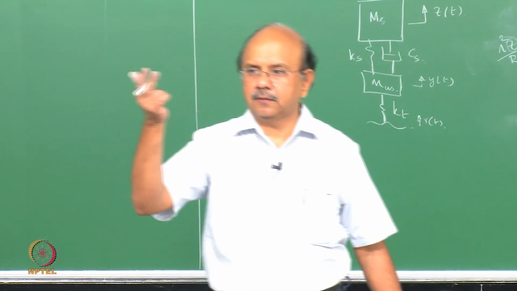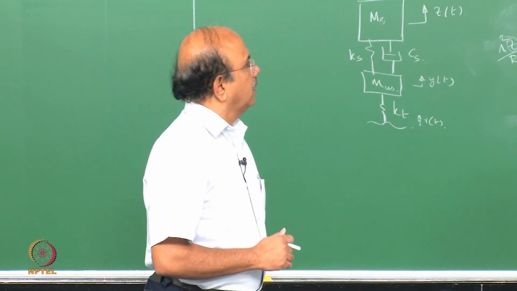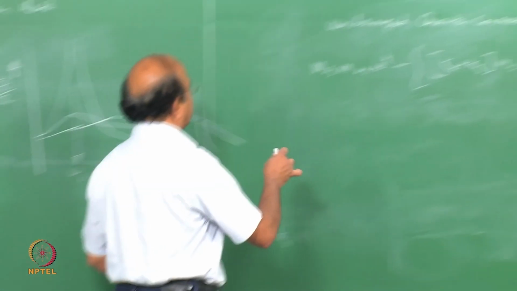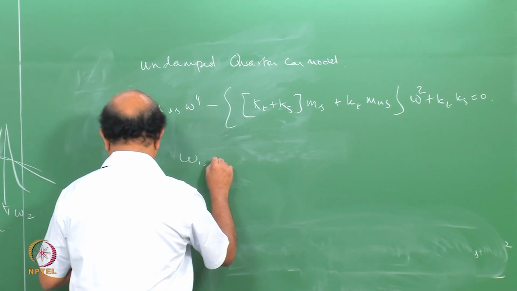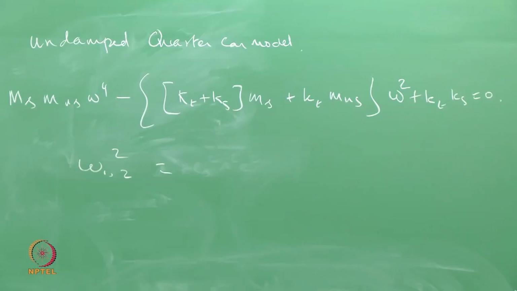Go back to that equation and then get this. We solve this equation, of course, for omega and call that omega 1 squared and omega 2 squared.